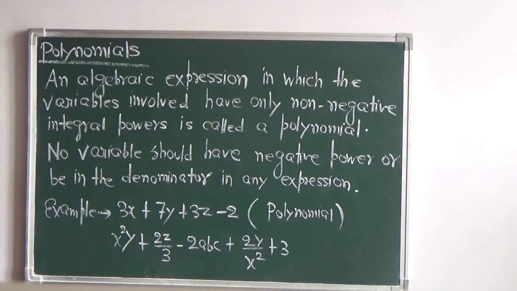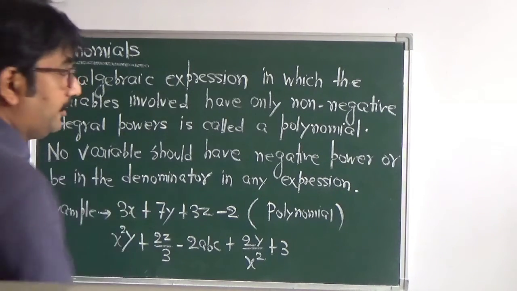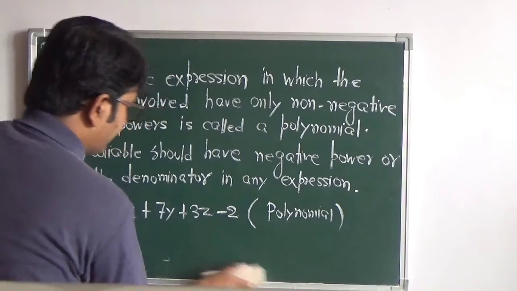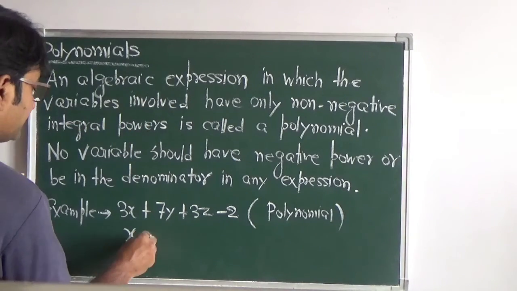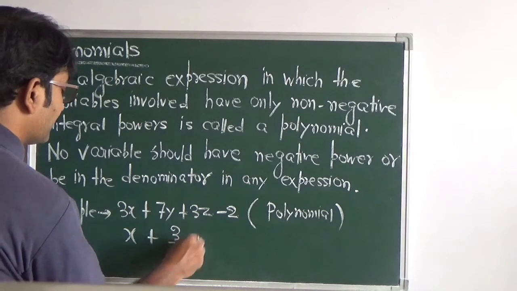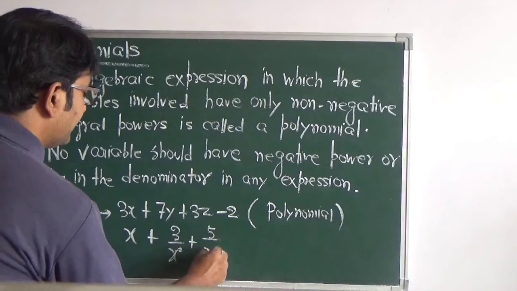So any expression either having a negative power, or if it is appearing in the denominator, we cannot call them a polynomial. Let us take another example like x plus 3 by x square plus 5 by x cube.